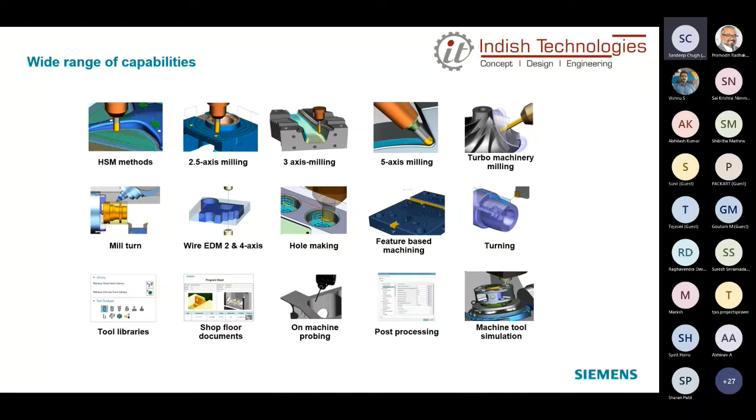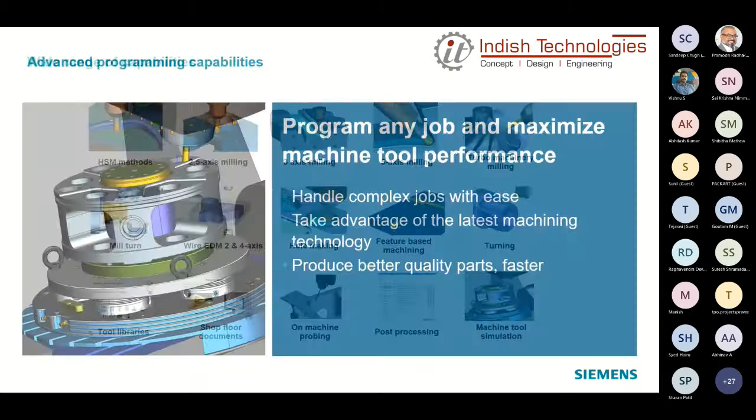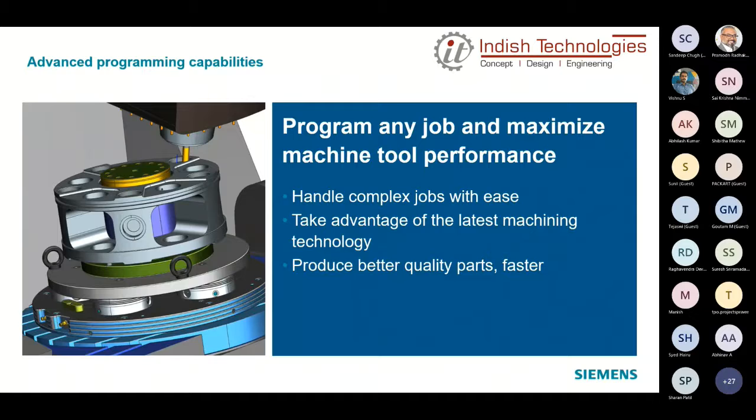Whether it is CMM, whether it is robotic machining, whether it is on-machine probing, everything is encompassed by NX CAM. You have the job, NX has the solution. Need not worry about the complexity of the job. We have the solution for everything.